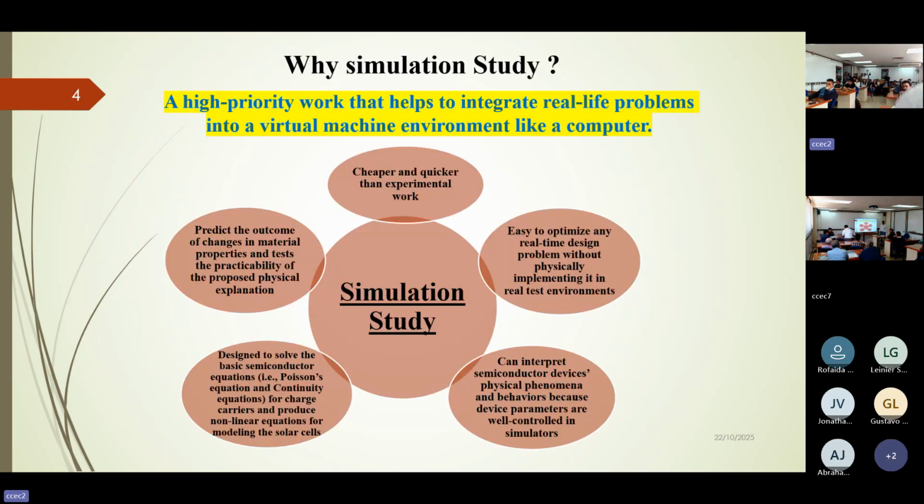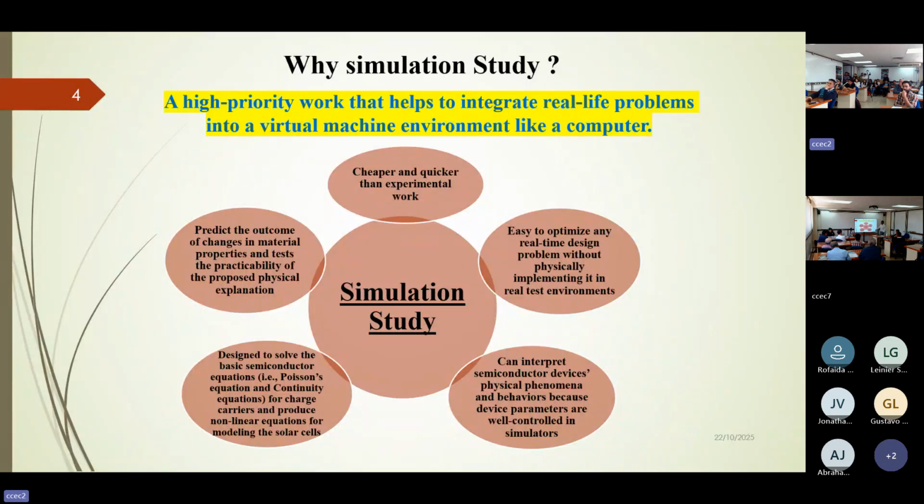Okay, so before starting SCAPS, why a simulation study? Numerical simulation can integrate real-life problems into virtual machines to efficiently analyze complex problems, in this case solar cells, but other kinds of complex problems can also be done.